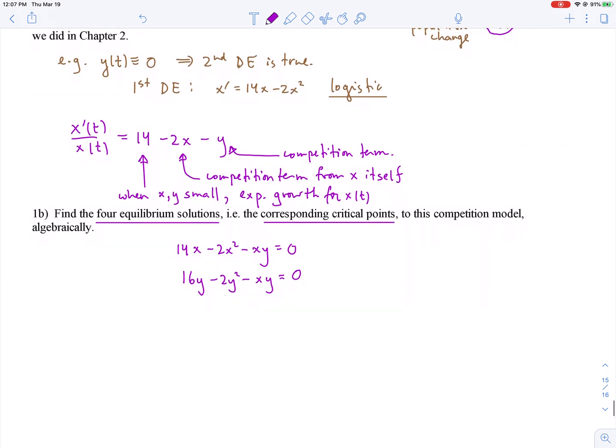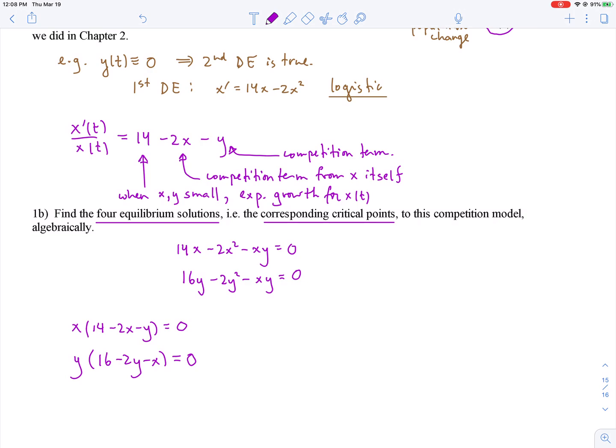All right, so both of these equations, formulas on the left, factor. So let's factor the first one. So that's x times (14 minus 2x minus y) equals 0. And the second one factors into y times (16 minus 2y minus x) equals 0.